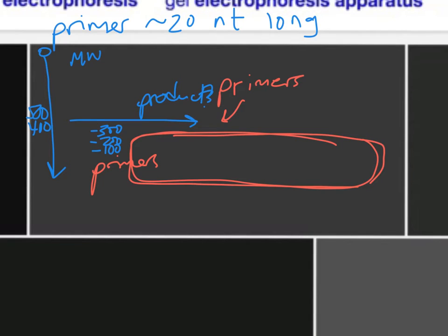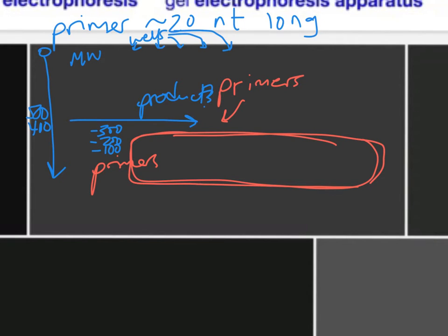Okay, then what is the 1 through 10? Those numbers, this author has numbered the wells. So those are the places where the DNA was loaded in the first place. They're saying there were 10 of them, and so they're running 10 different samples left to right. And only in wells 4, 8, 9, and 10, for whatever reason, did this PCR reaction actually work.